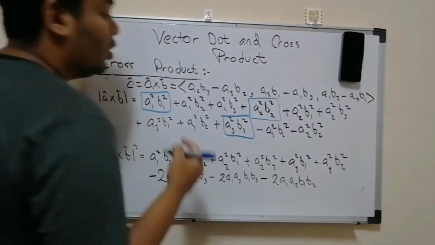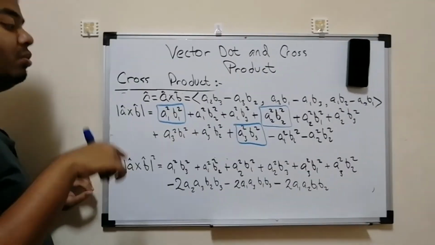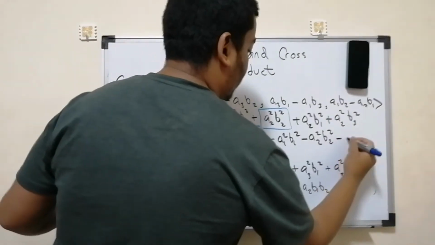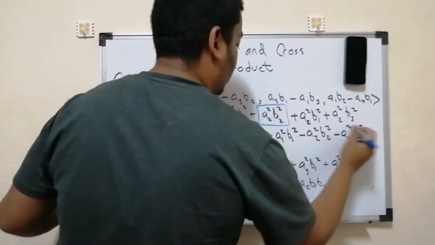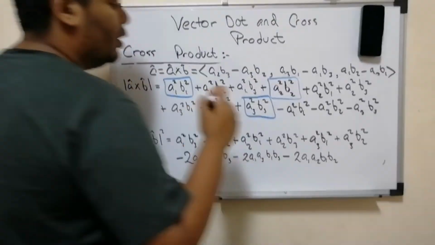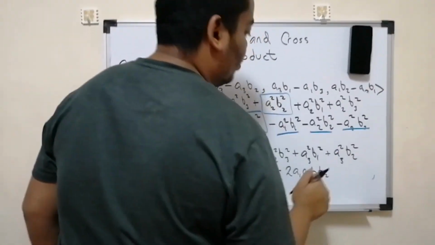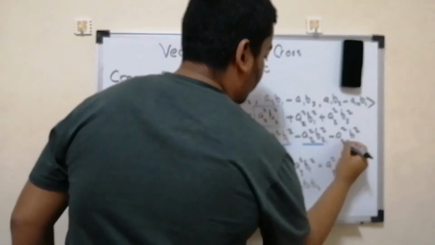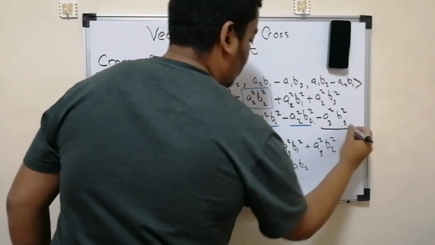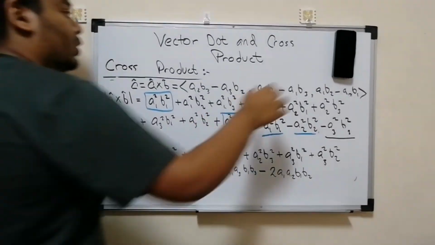If you add them, you need to subtract them at the same time. If you multiply them, you need to divide them at the same time. Minus A3 square B3 square. Let me underline them to show that they have been subtracted to keep the equation unchanged.